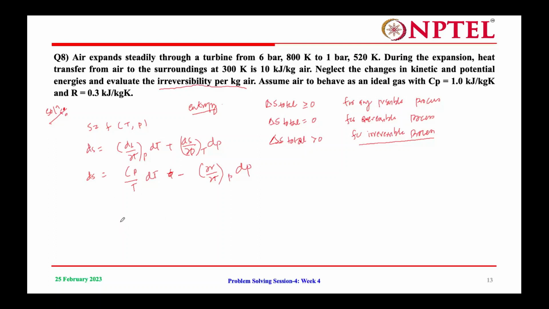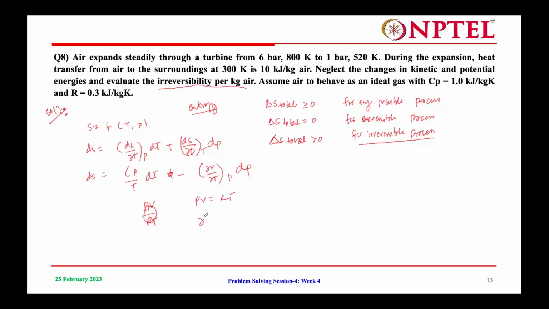Now from the ideal gas, PV is equal to RT. So here we have to make this ideal gas equation into these forms.